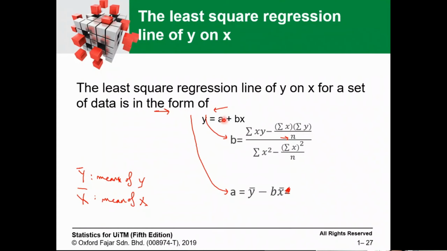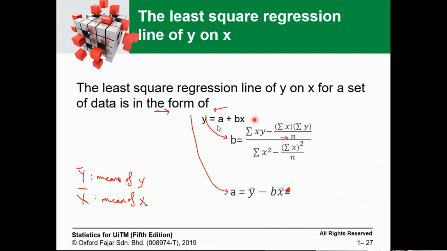So here we have y equals a plus bx. B, we can calculate it like here. Here we can calculate B, here we can calculate A. These are the equations to calculate the relation between the two variables.